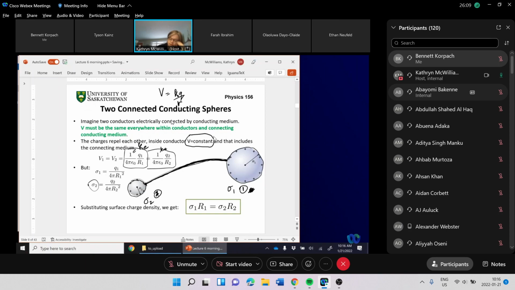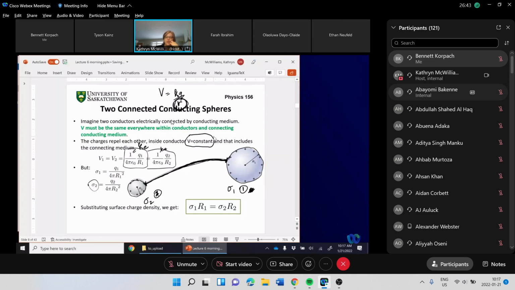Because it's connected electrically to sphere 1, sphere 1 is KQ1 over R1. It equals KQ2 over R2. So the voltages are the same right where this wire connects to each surface. We're putting the radius of the spheres in here, considering just infinitesimally far outside the sphere.